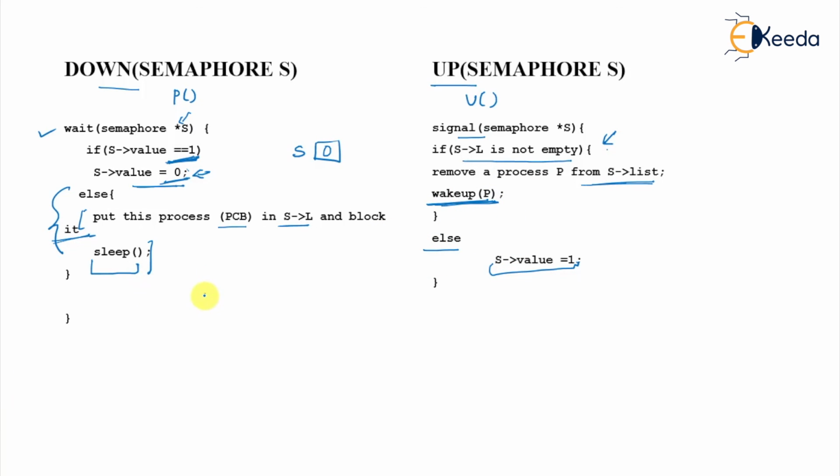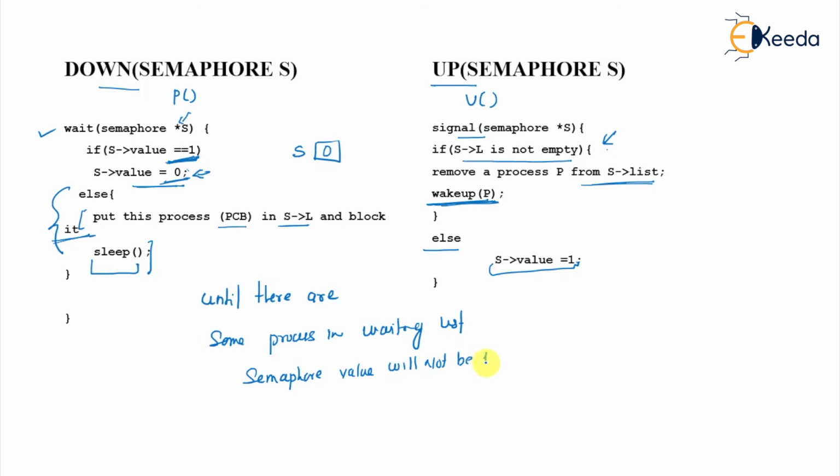So until there are some processes in the waiting list, the semaphore value will not be 1. It will keep on waking them up.